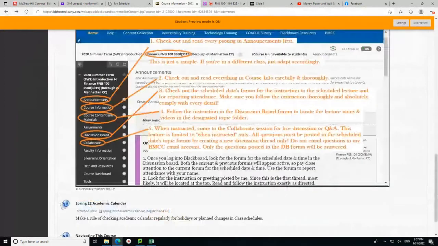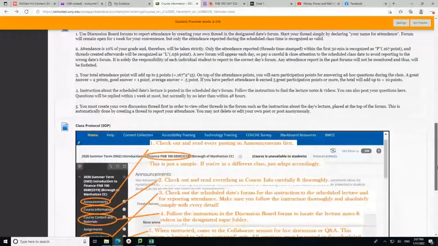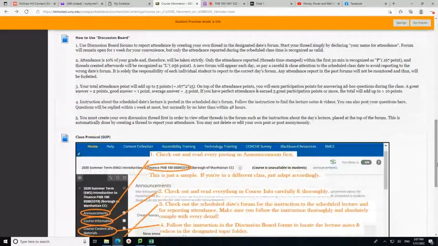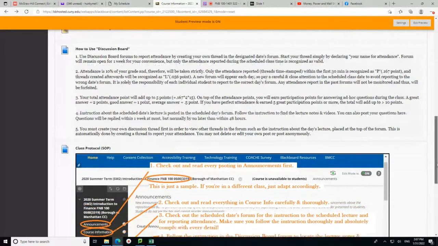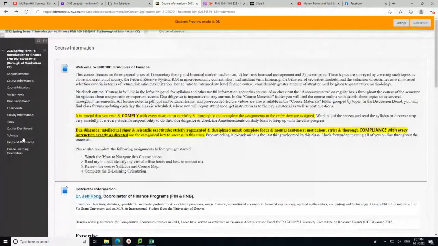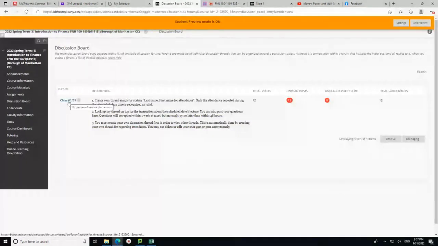And then this is also basically the protocol. Every day, in every class, as you log into Blackboard, the first thing you need to do is go to the discussion board, and each day a new forum will open up exactly at the scheduled class time.